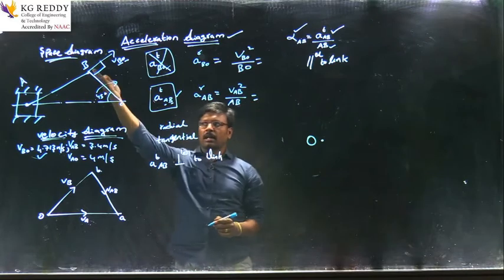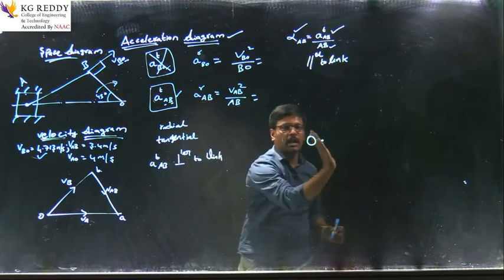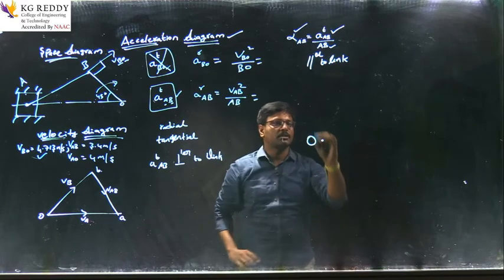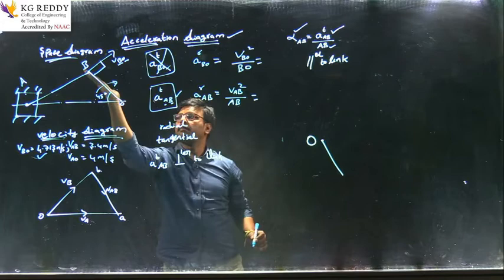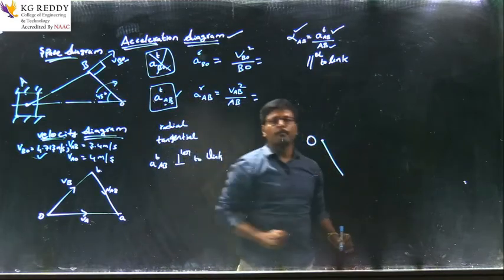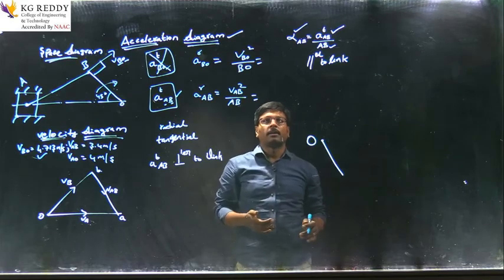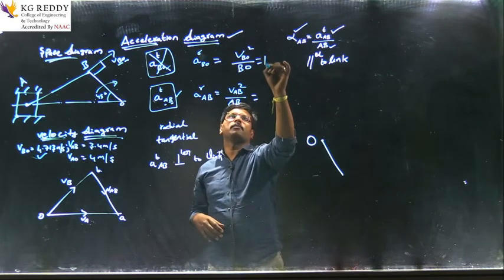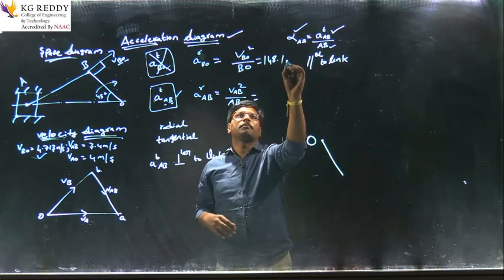Coming to the radial component of OB, it is parallel to the link, so I take it parallel to this. How much length do we have to take? Here we get 148.1 meter per second square.